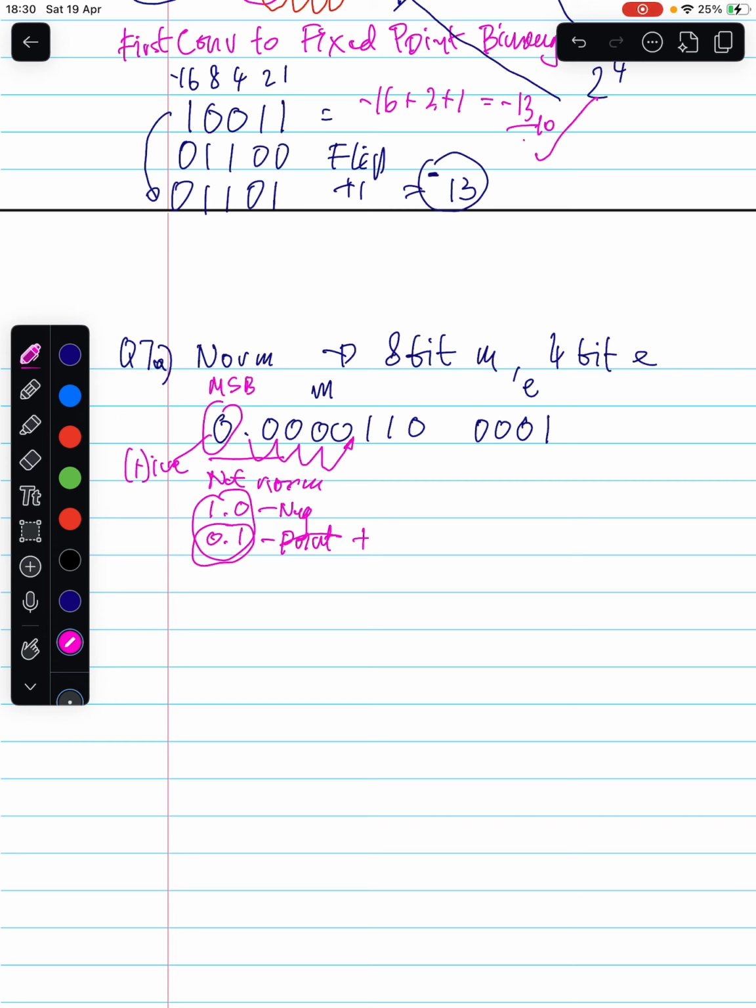Now that was plus 4 jumps. Hopefully I can explain this, it's probably going to be complicated. The exponent is 2's complement, so this number is obviously 2 to the power 1.